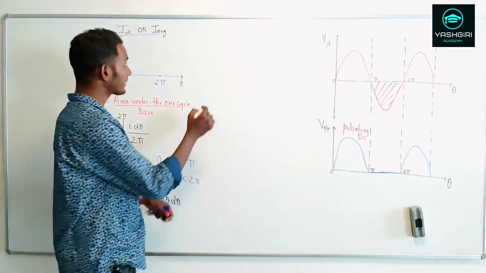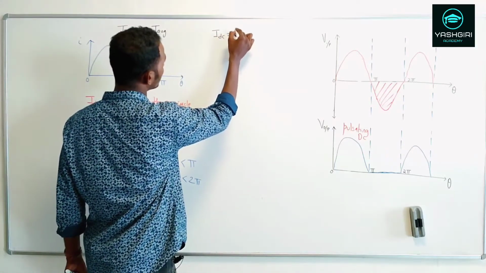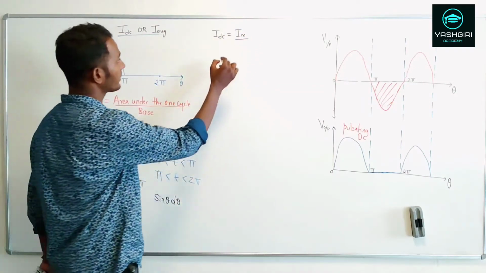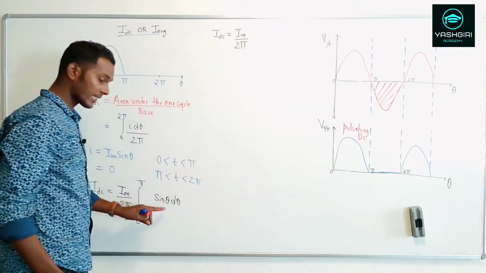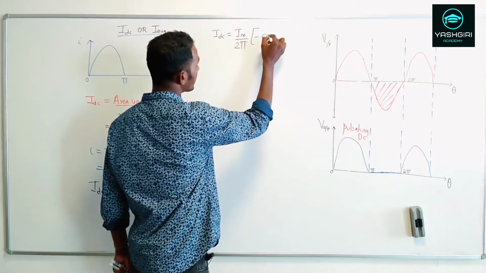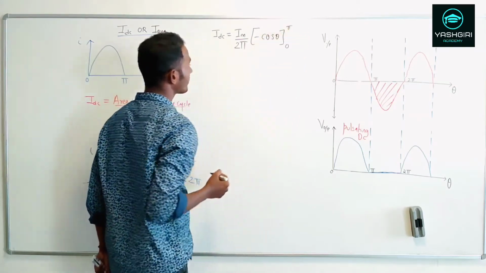So what I'll get is IDC is equal to Im upon 2 pi. Integration of sin theta will give me minus cos theta, and the limits are from 0 to pi.